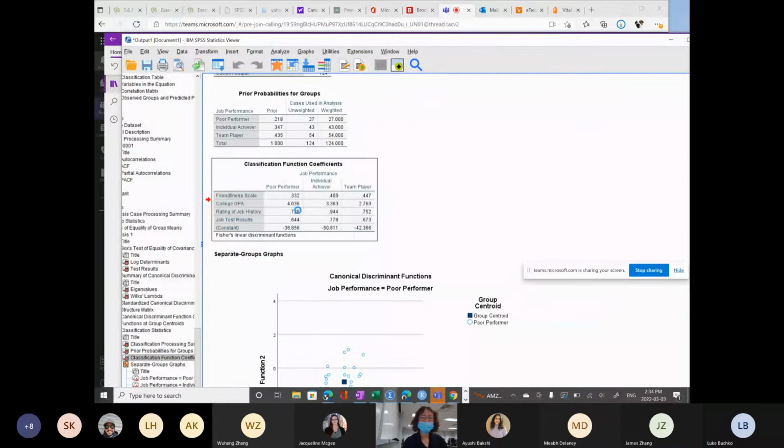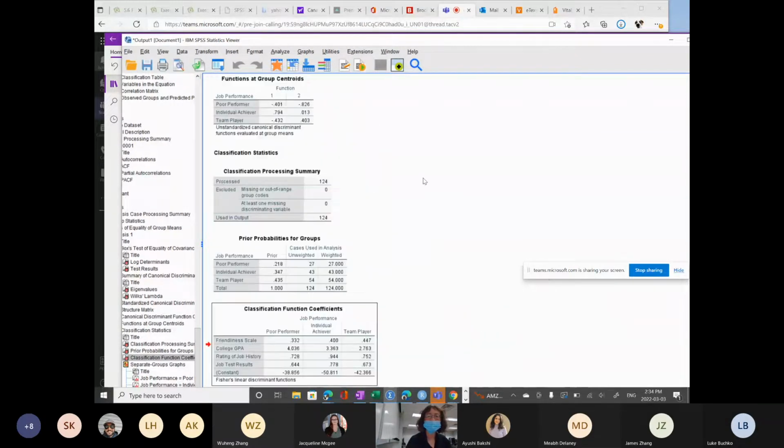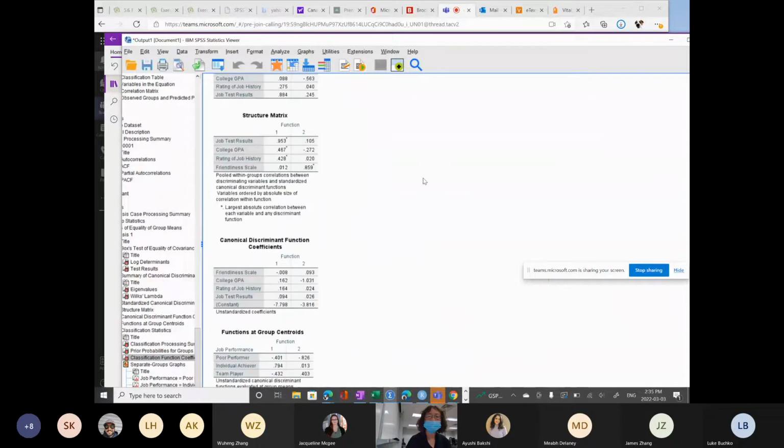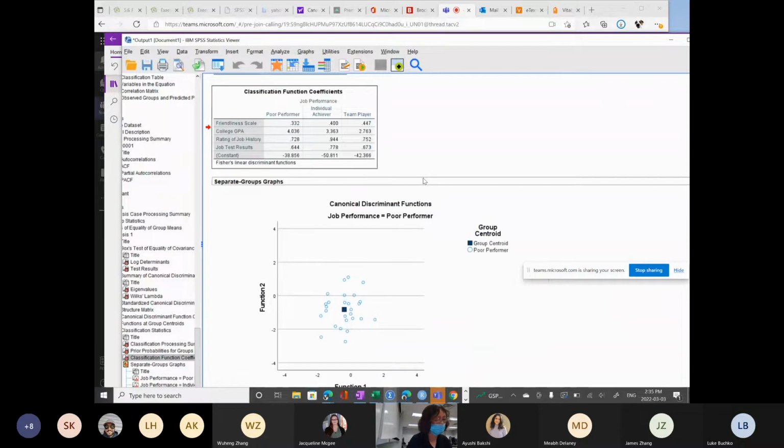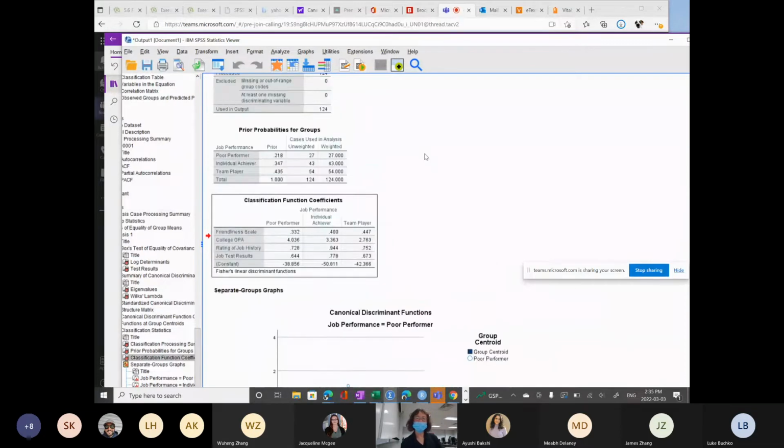So I will copy classify function. Oh, not this one. We already did that. I should have a classification function. I don't have that result. Maybe I missed some selections. I need the classification function result.